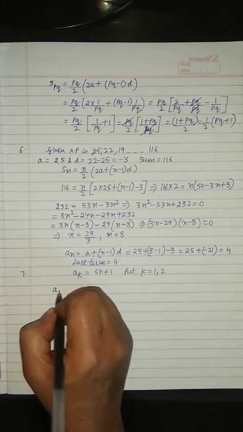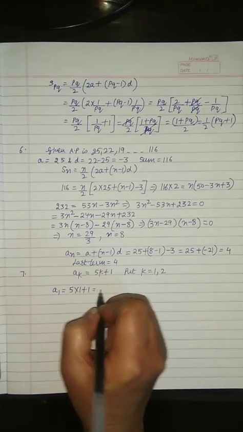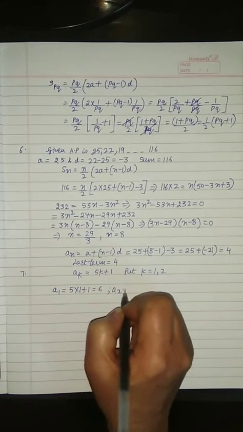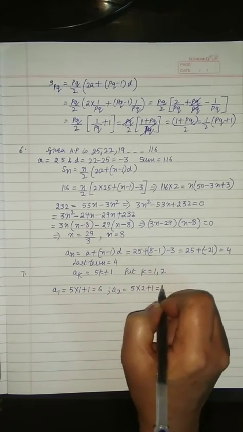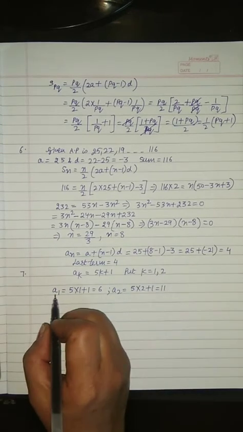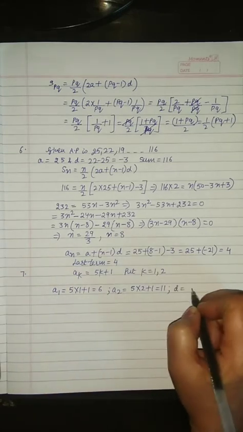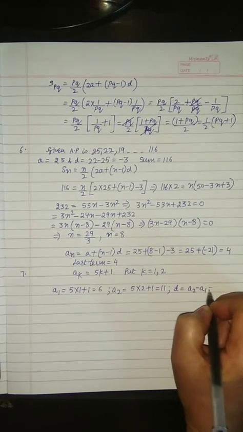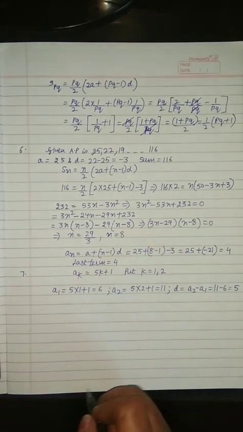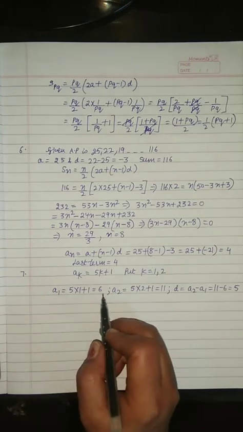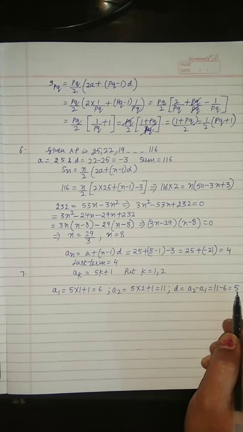So a1 will become 5 into 1 plus 1 is equal to 6, and a2 will become 5 into 2 plus 1 is equal to 11. So we got our first term as 6, and then d will be a2 minus a1, which is equal to 11 minus 6, that is 5.